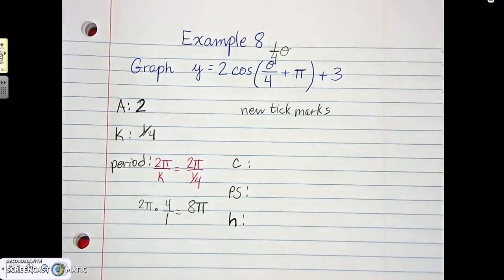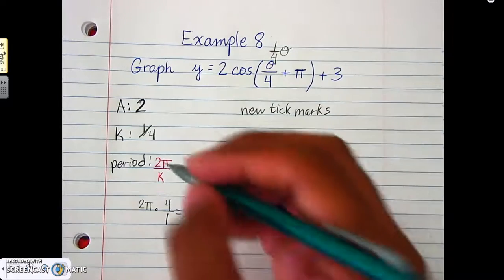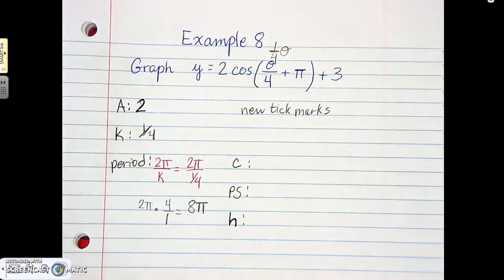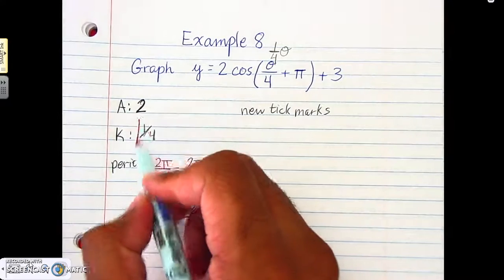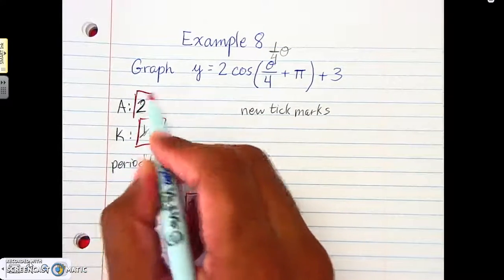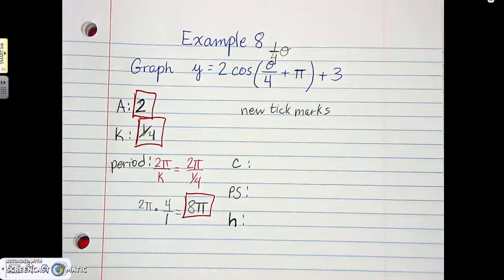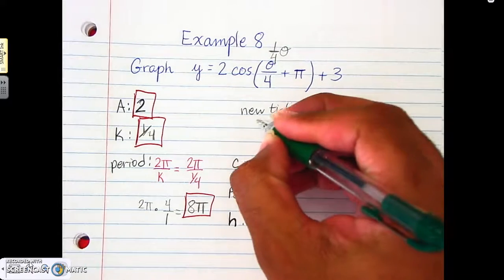All right, so that means it's a new period. So we have a new period, so that means we have new tick marks. That's what I'm trying to say. Gosh, my fault. New tick marks. So with our new tick marks, we take each one of the original ones and divide it by 1/4. So that's what I'm going to do really quickly.